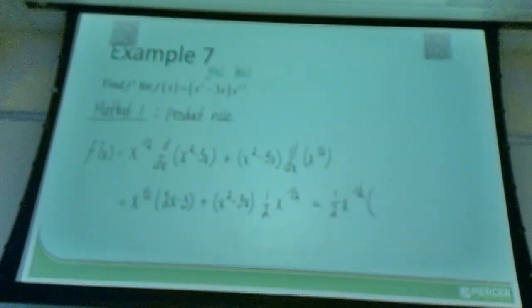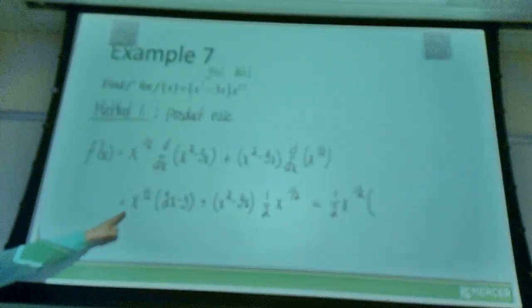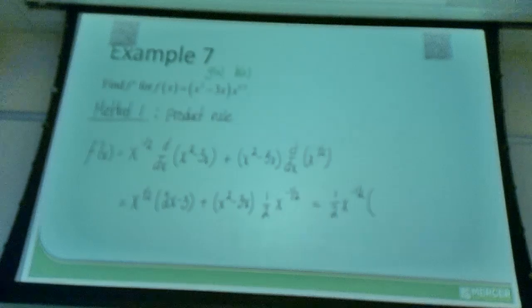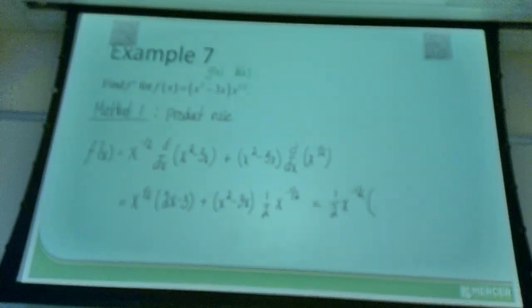So look at the first term. The constant is 1, right? When you factor a half out of 1, what are you left with? 2. Yeah.